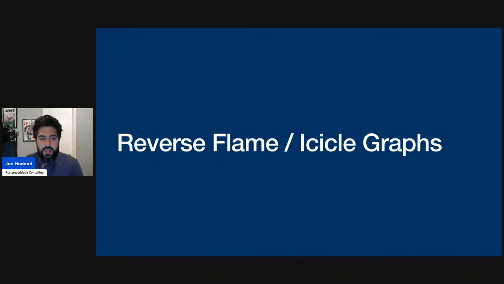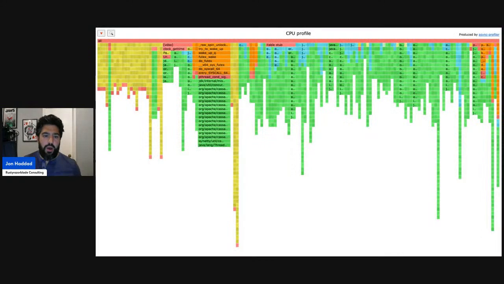He didn't write the async profiler; that was written by other people. But the concepts are all universal and applied everywhere because they're so useful that you can't have a good flame graph system without having icicle graphs as well.